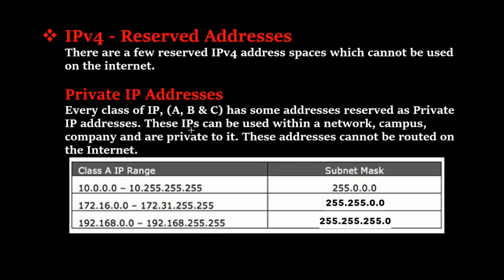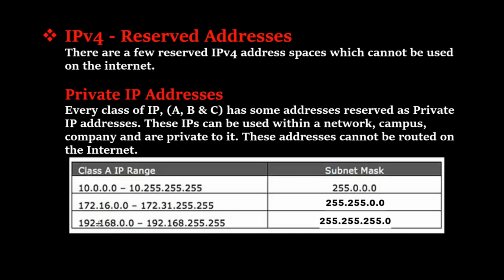That means if you want to create your LAN in your organization, your company, or even your home network, if you have to assign IP addresses manually, which range will you use? For that, IANA reserved some ranges. And that is the answer to what I think someone asked earlier: why we can use 192, so can we use 193 also or not?